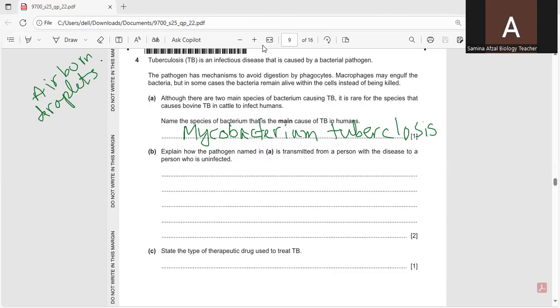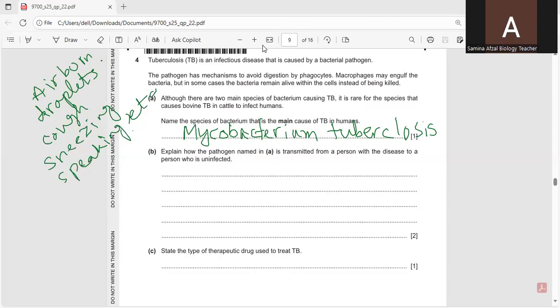An infected person transfers these by coughing, sneezing, speaking, etc. When a person with active TB disease expels these tiny droplets into the air by these different methods, they can remain suspended for several hours in the air.